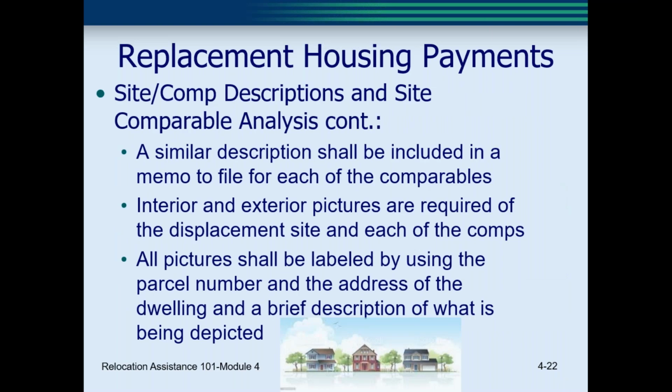Based on the relocation agent's personal inspection, a similar description should be included in the memo to file for each of the comparables. Interior and exterior pictures are required of the displacement site and each comparable used in the determination, and you put them on the REPH forms. All the pictures should be labeled using the parcel number and the address of the dwelling, and a brief description of what is being depicted.